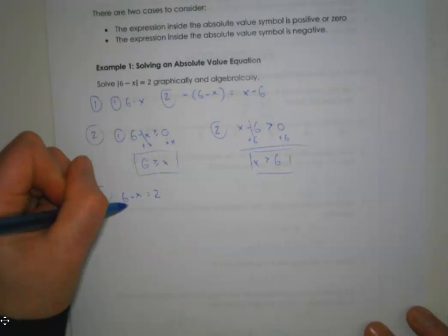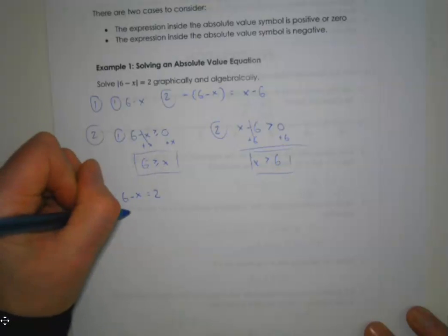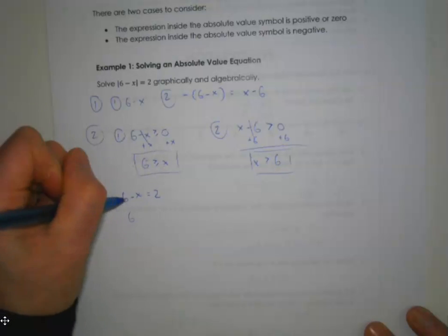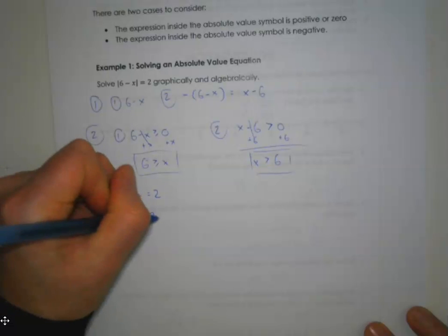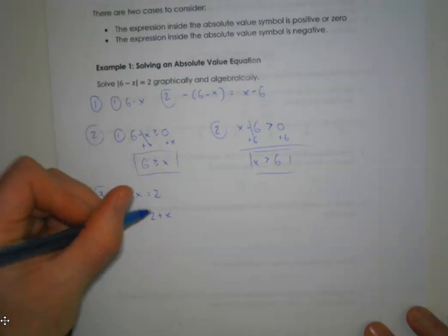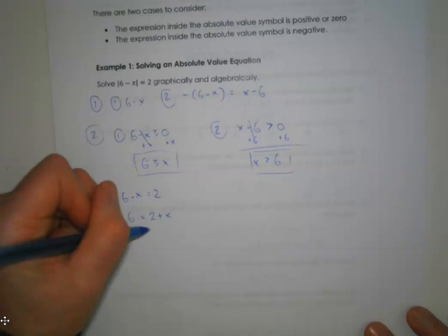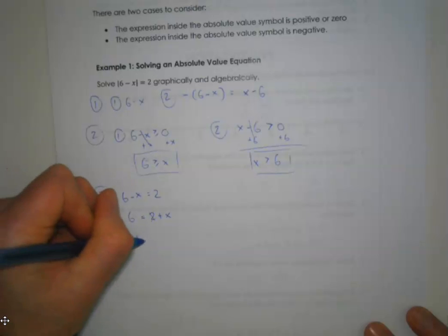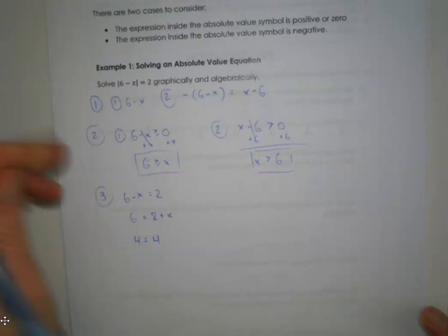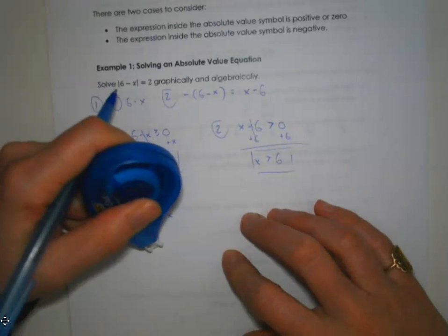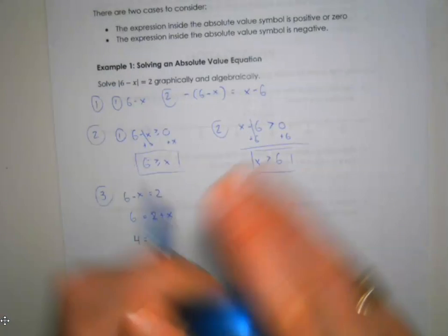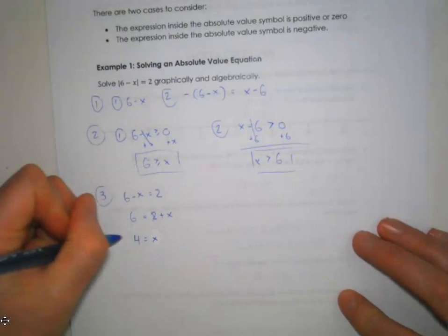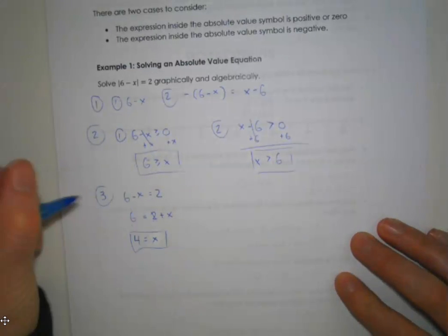Let's add x to both sides. So 6 is equal to 2 plus x. And then we want to isolate the x here, so let's subtract 2 off of both sides. So that's going to eliminate it here, and 6 minus 2 is 4. So 4 is equal to x. So we have one possible solution for x.